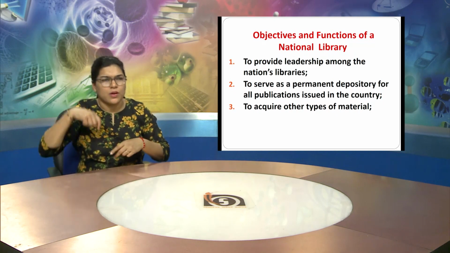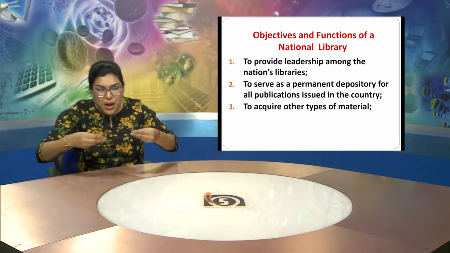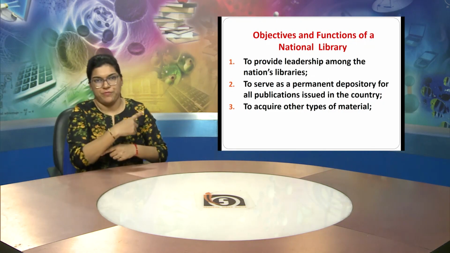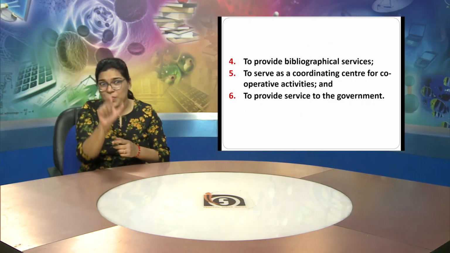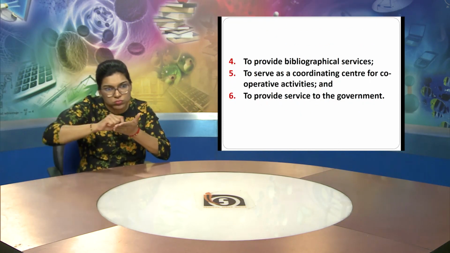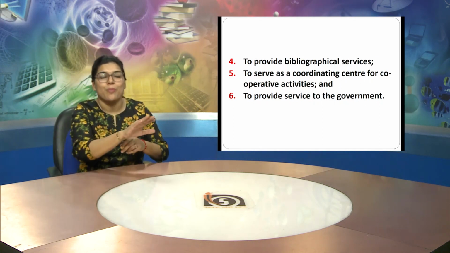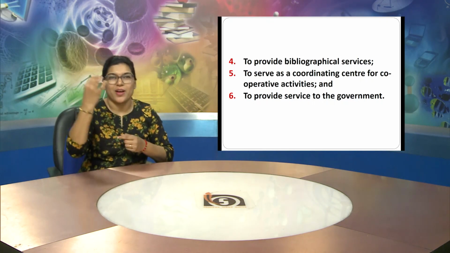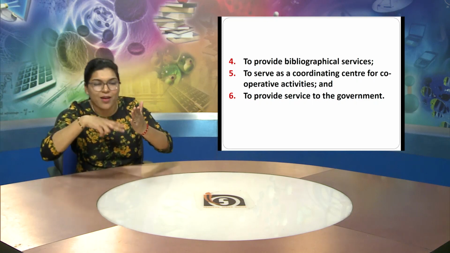The third point explains that the National Library has all the facilities so that anyone can acquire other types of material also. The fourth point explains the objective of National Library as a service which provides the bibliographical services to the users.